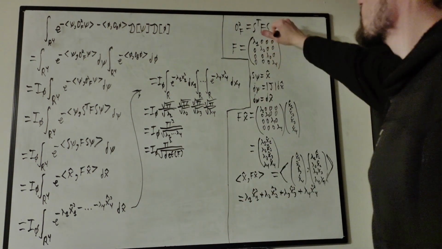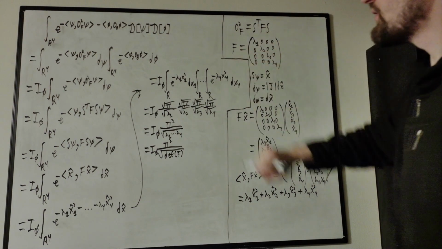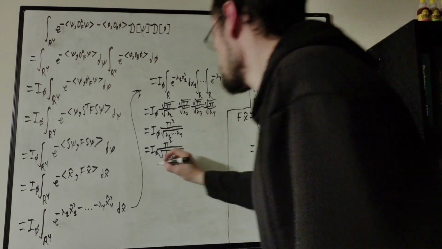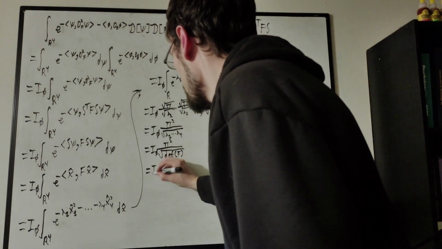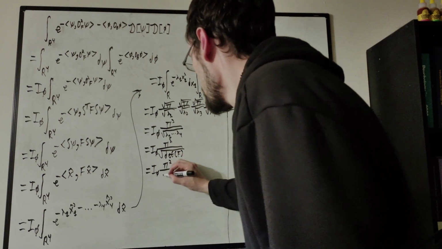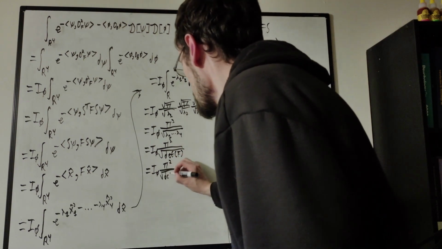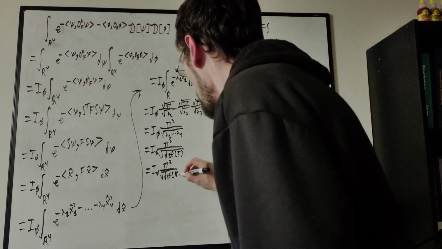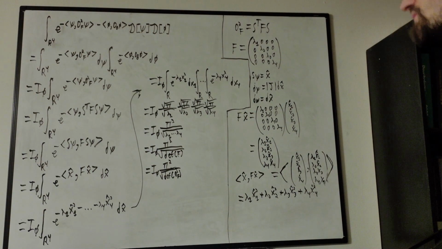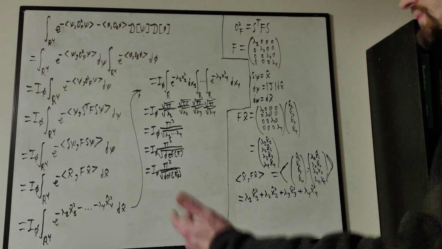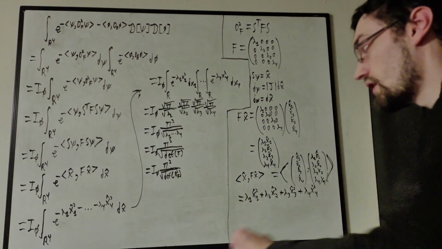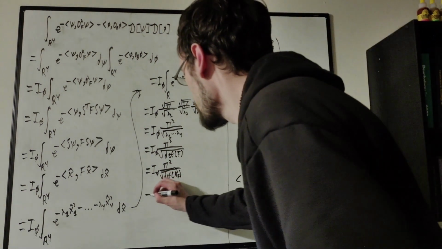But due to the condition up here, the determinant of F is the same thing as the determinant of the fermionic part of the Dirac operator. So we can then just write this as I sub phi times pi squared over the square root of the determinant of that Dirac operator. Now, the same thing holds for I sub phi, but we're going to get the determinant of the bosonic part of the operator with another factor of pi squared.